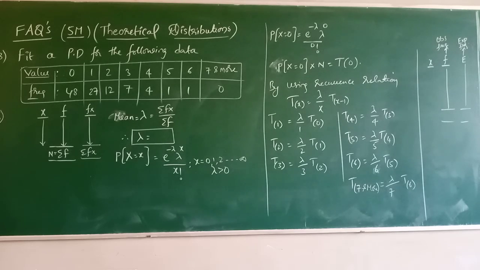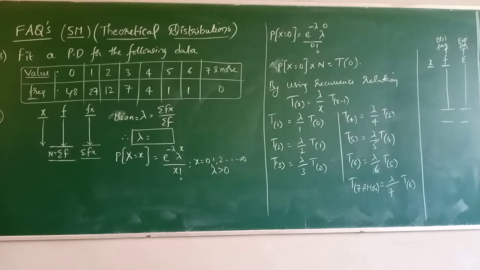For calculating frequencies, the first P of 0 must be multiplied by N to convert to the first expected frequency T of 0. But for successive probabilities, N we need not multiply. The probability remains the same, P of x equals, instead of T, P will be there.